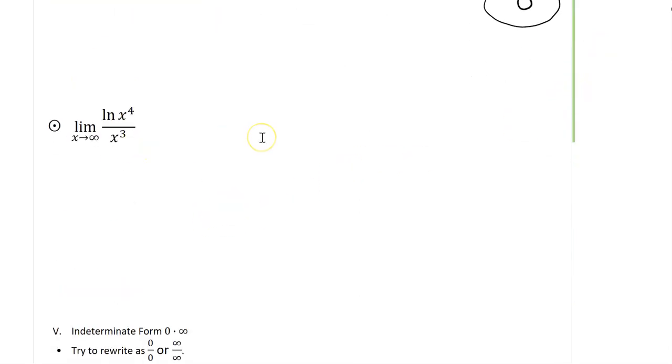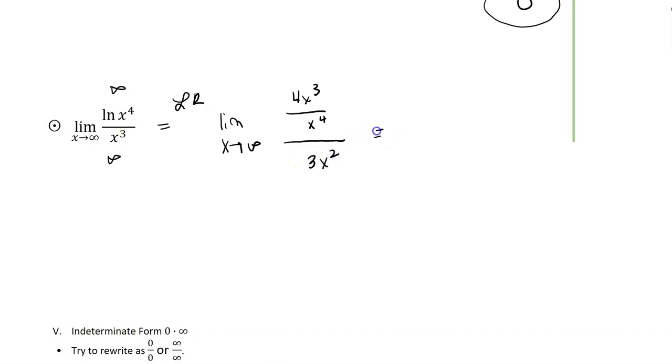I've got the limit as x approaches infinity of the natural log of x to the 4th divided by x cubed. So this one is infinity, this one is infinity, so we can use L'Hopital's rule. So I will have 4x cubed over x to the 4th for my numerator. The derivative of x cubed is 3x squared.